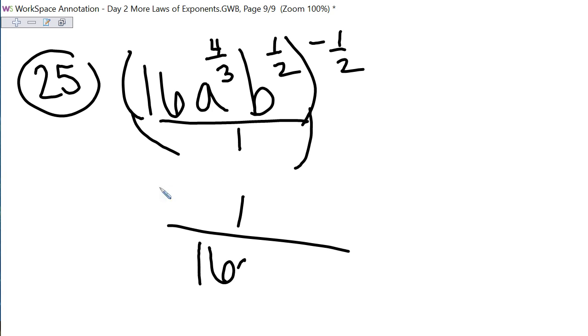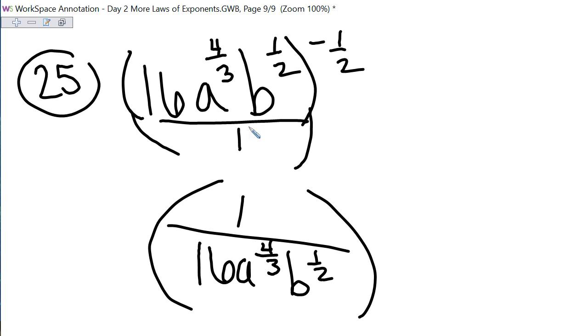Everything else. 16, a to the 4/3, b to the 1/2, and that negative 1/2 has become positive 1/2. Is my answer with a positive rational exponent? Yes, so technically, we're finished.